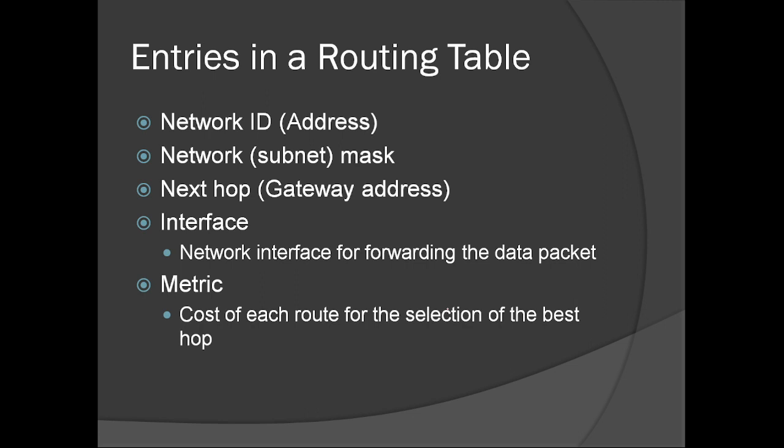Pag sinabi nating metric, this is the measurement on how the quality of a link on the network infrastructure or the network segment. So this allows the selection of the best hop. Pag sinabi ni best hop or pinaka magandang dadaanan or the next best router na pwedeng daanan ng inyong packet. So that is what we call as the metric, the quality of the route.